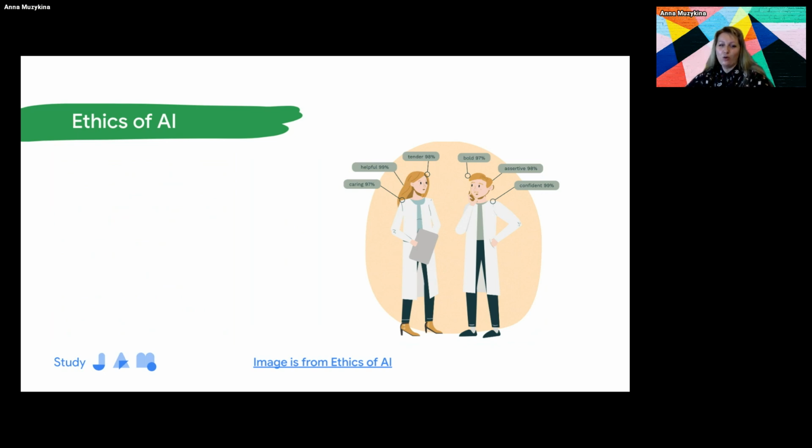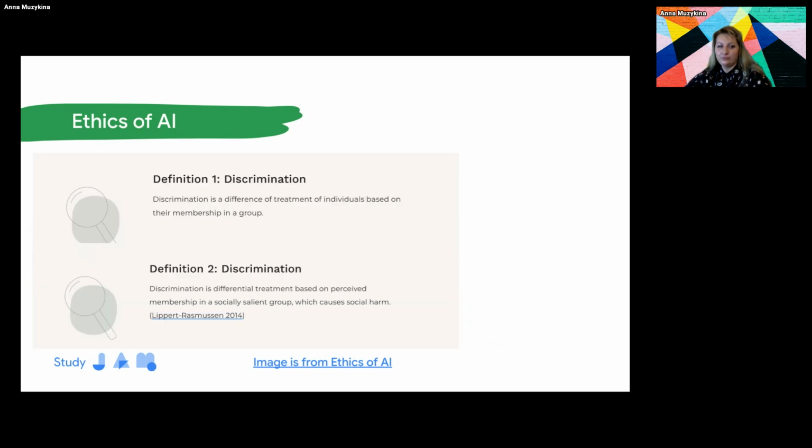Credit scores. Turns out AI can deny you a loan because of your age, gender, or where you live. So, what's discrimination really? It's not just treating people differently, it's treating them differently based on who they are, and it causes real harm.